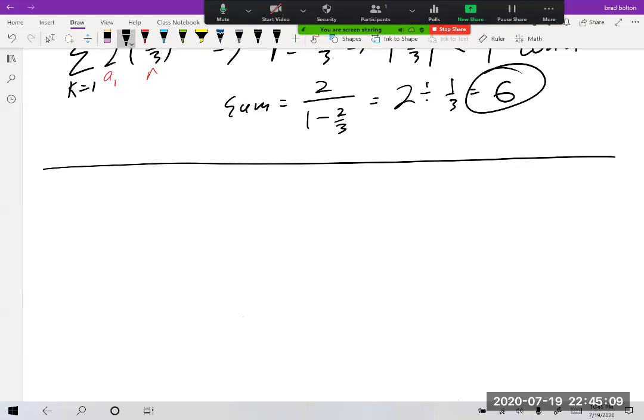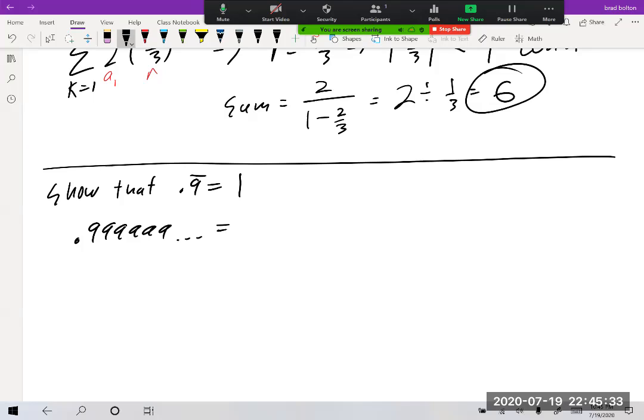Now there's something cool we can do, is I can ask you to show that 0.9 bar equals 1. Okay, now you may not think it does, but what if I told you that you could write out 0.9 bar? So 0.9 bar is this, right?